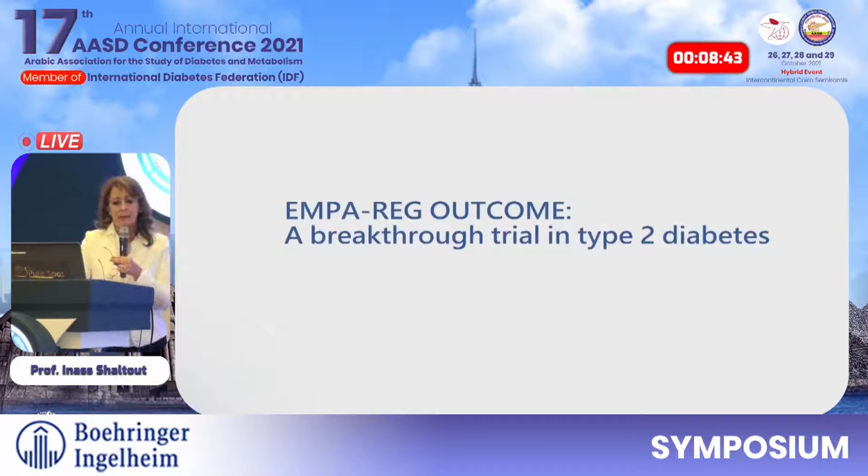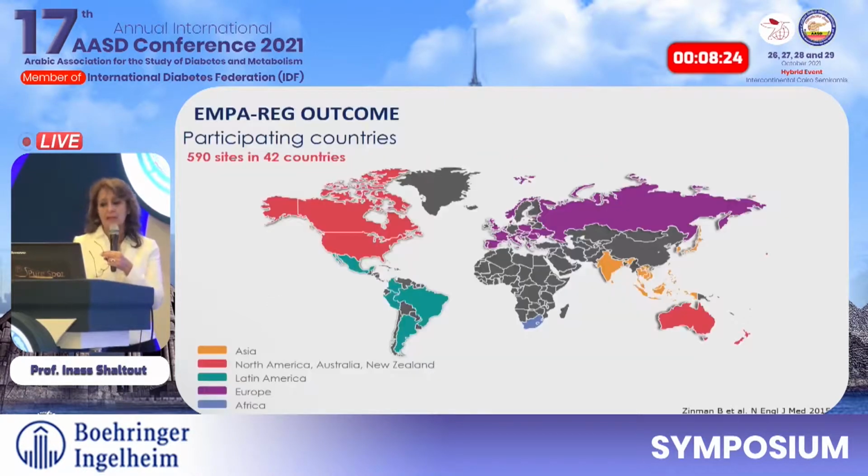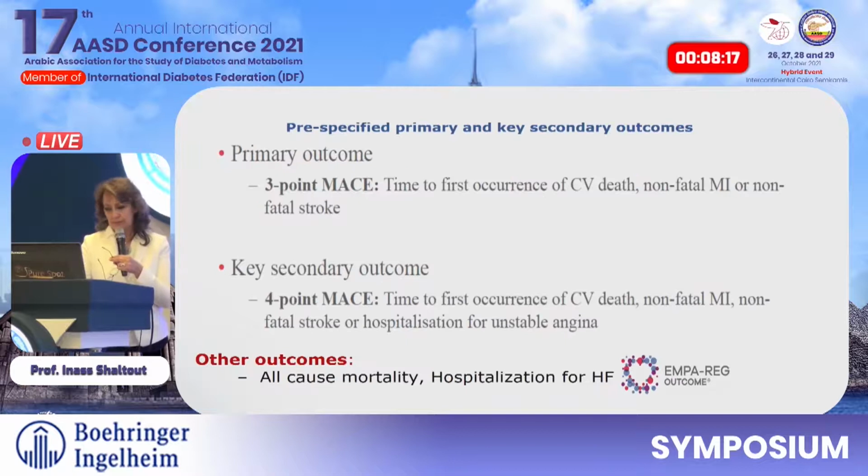Now the EMPA-REG trial, one of the most important cardiovascular trials in the diabetes field, was really a breakthrough trial in type 2 diabetes. It is a trial of empagliflozin, cardiovascular outcomes and mortality in type 2 diabetes, done in 590 centers in 42 countries.